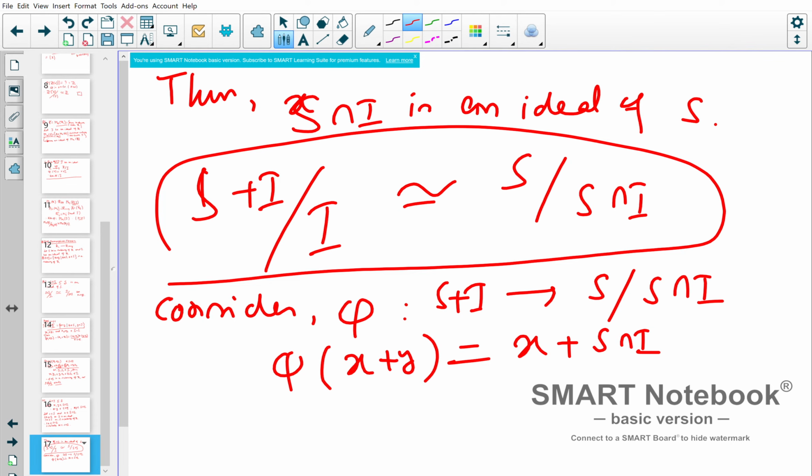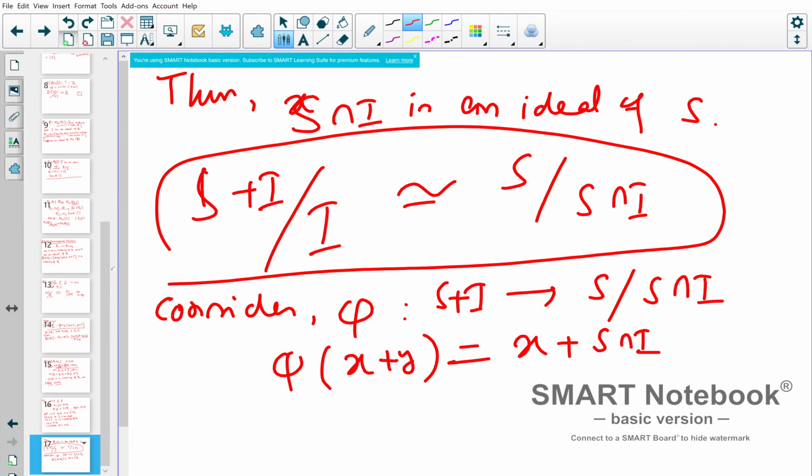Anyway, y is an element of S intersection I, so it doesn't matter. x may not be an element of S intersection I. So now you have to check this is a ring homomorphism first.